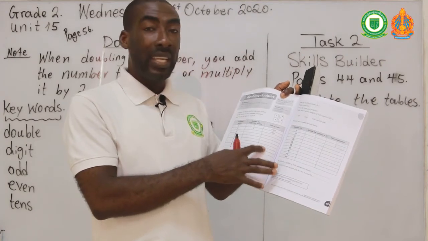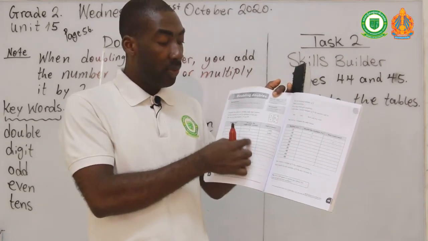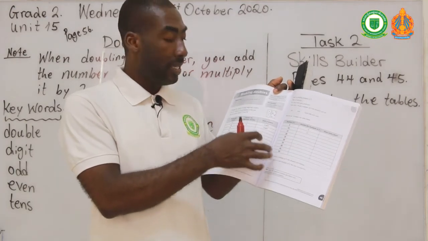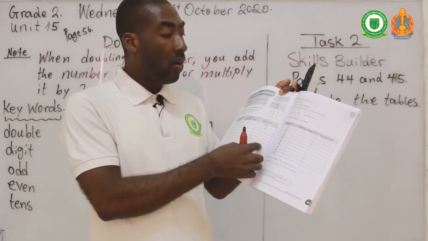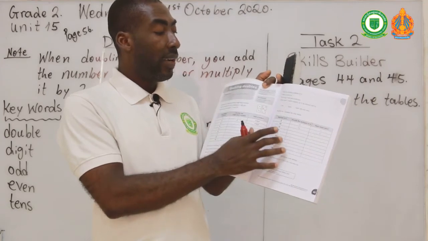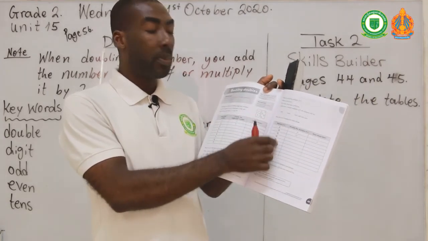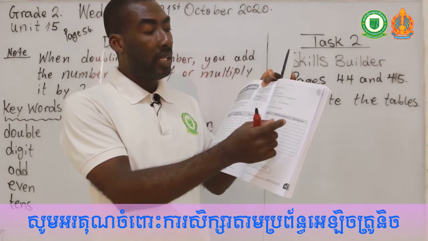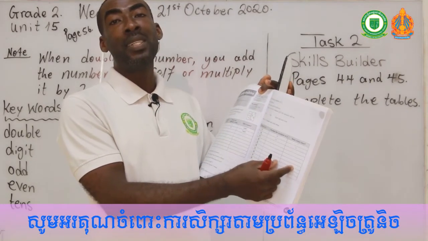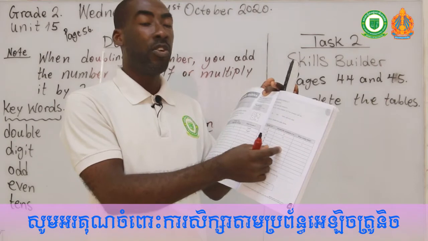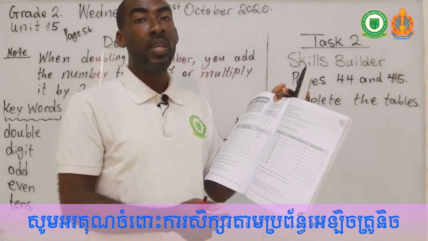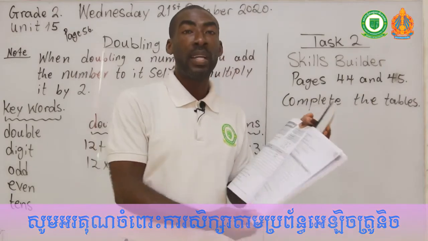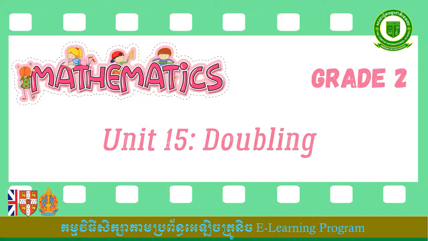And then you have to indicate whether your answers are even or odd numbers. Over here, you have multiples of 5. You have to double them and then show how many tens you have in your answers and write them here. So this is your second activity. When you finish, we'll move to our last video. See you.